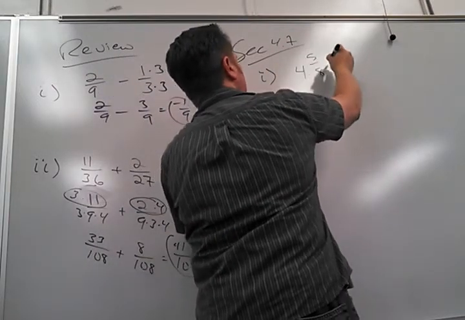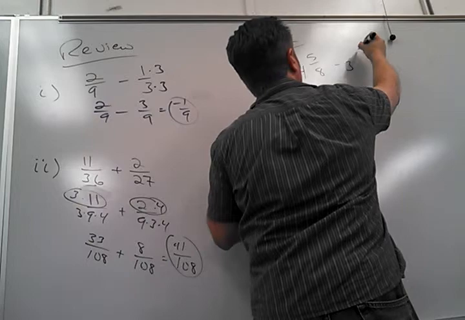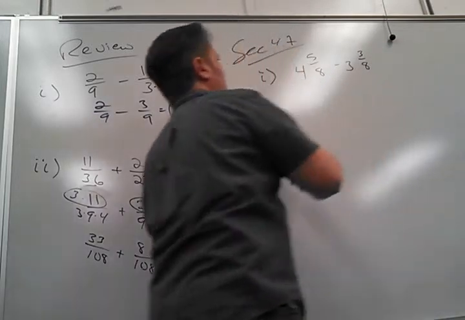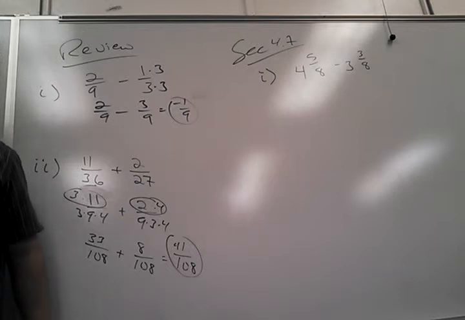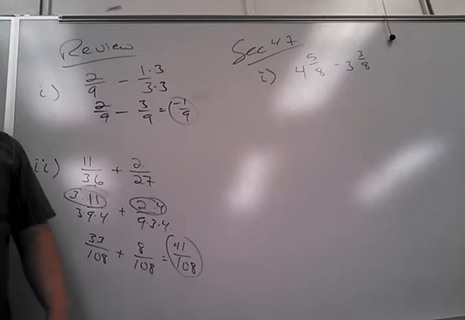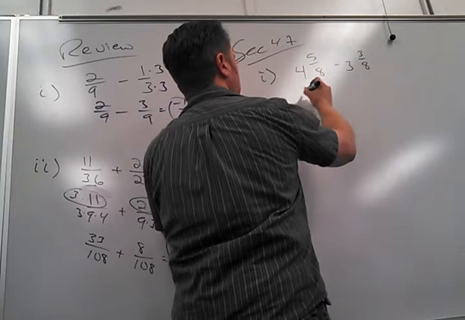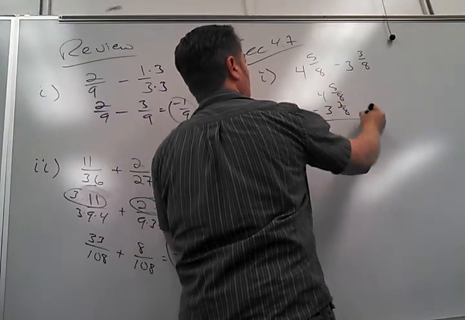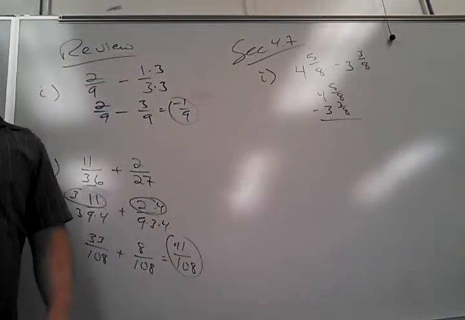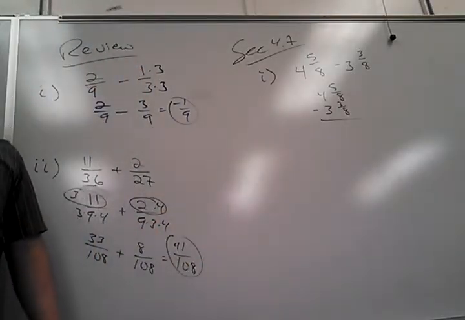So the simplest problem you would see would be something like this. If I set it up like this, it might be a little bit easier to see. What number is that? 1 and 2.